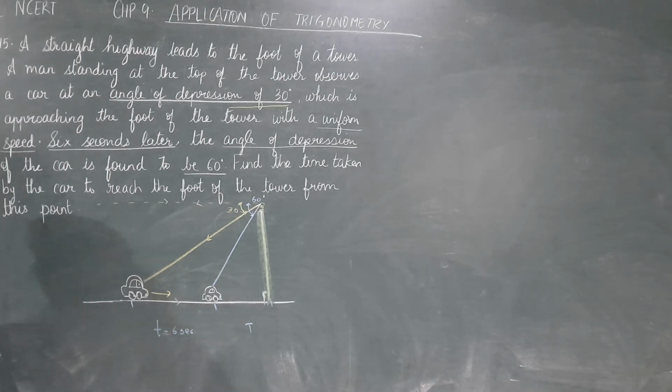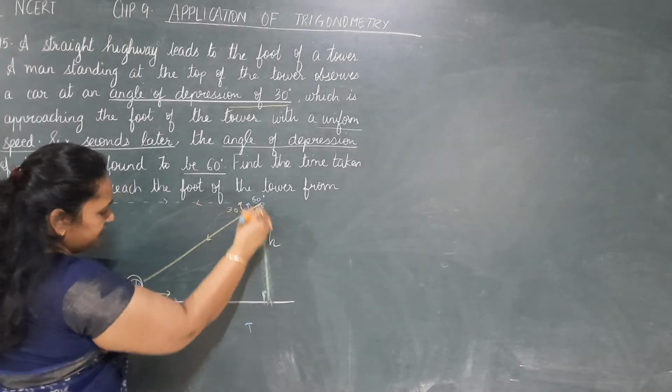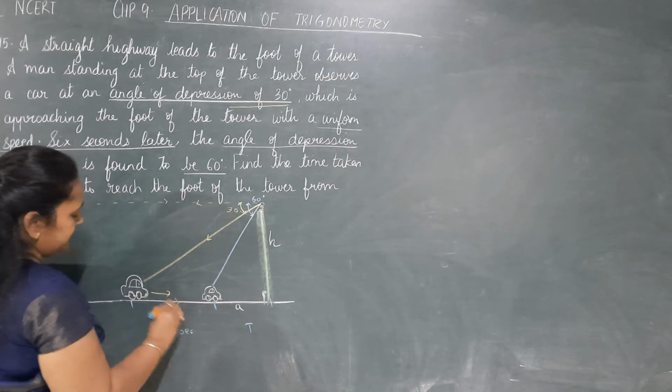If you see the information, nowhere is any measurement of the tower or the distance travelled mentioned. So it's all going to be assumptions. Let the height of the tower be h, let this distance be a and this be b.